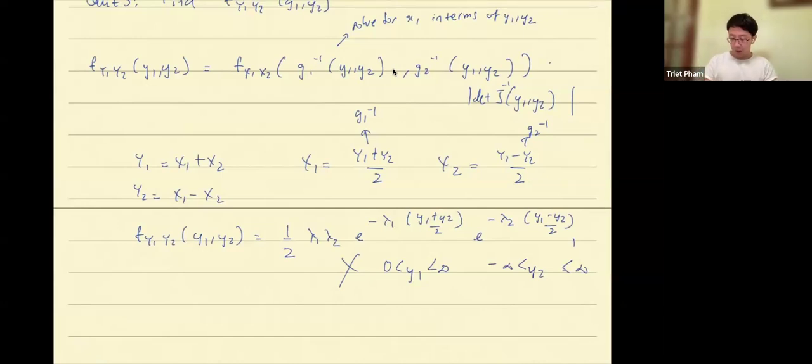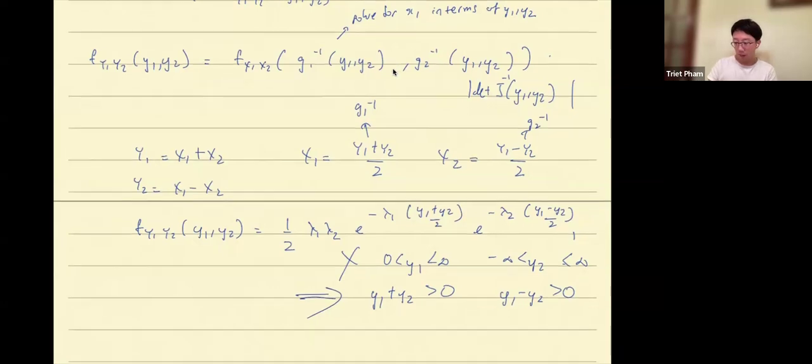The reason is that even though it might seem like this, the restriction is more severe. The restriction is because you plug y1 plus y2 in here in place of the x1. And x1 by definition is a positive variable. So the range is that y1 plus y2 must be positive, and y1 minus y2 must be positive. This is the range of values.